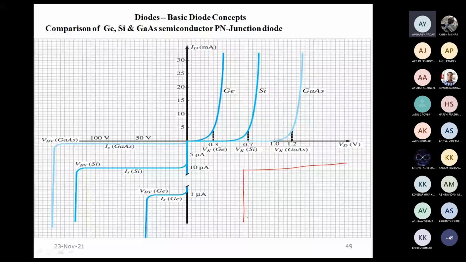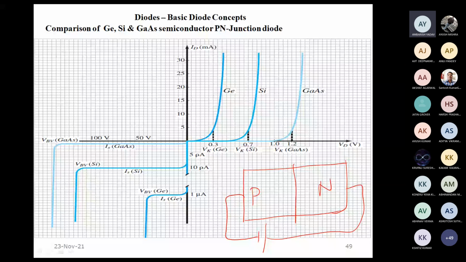So suppose we take a PN junction and we are reverse biasing it. In reverse biasing, as we have already seen, on the P side we put a negative voltage compared to the N side. So this is the reverse bias condition.